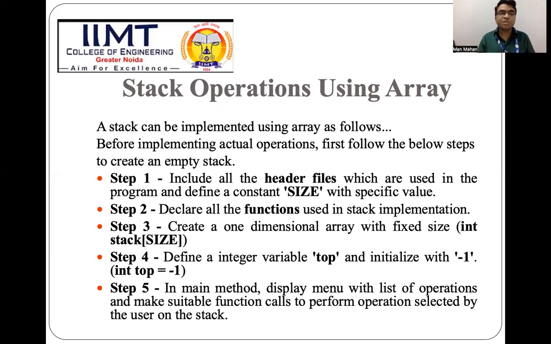So we declare all the functions when implementing the stack, and create a one dimensional array of fixed size, and now initialize the stack variables, like top equal to -1. Next is the main method, which displays the menu with a list of operations and makes the suitable function call to perform the operation selected by the user of the stack.